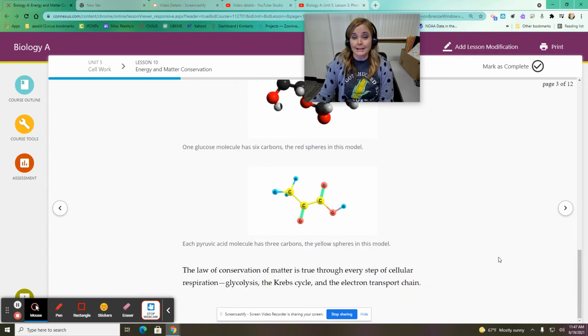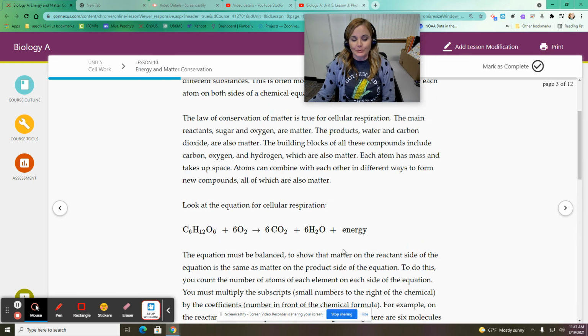The chemical equation has to be balanced because that's what's happening. That's the ingredients that we need. It's not just about doing some math and making it all fancy and perfect looking. It's literally the ingredients that are necessary. What this says is if I have one sugar molecule, I have to combine it with 6 oxygens. And when that happens, they produce 6 carbon dioxides and 6 waters and energy.